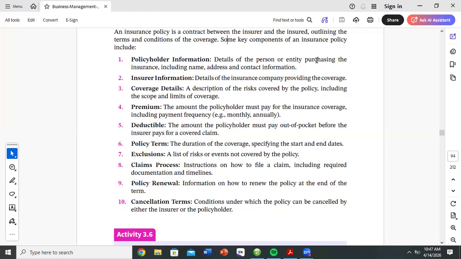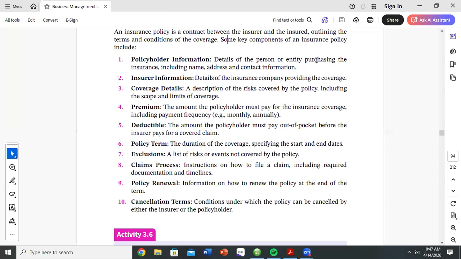So you can tell the total amount I must pay before the insurance company can pay me for whatever claim is due. That's the deductible. So if there are any outstanding arrears, if you haven't paid some premiums, sometimes they will deduct it before they pay you your final pay.